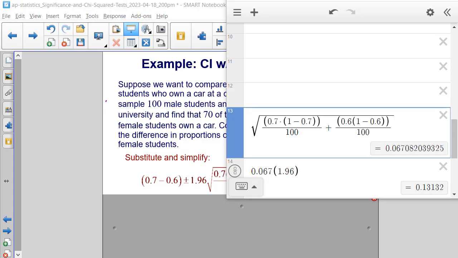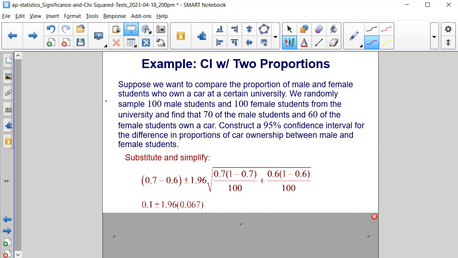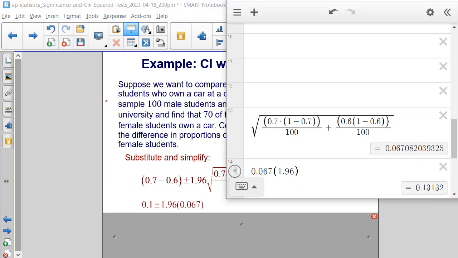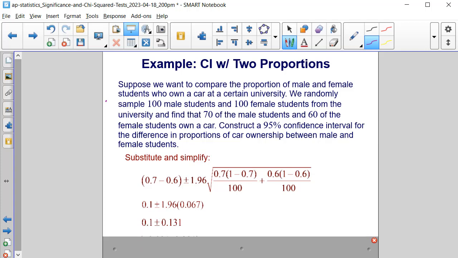And then if we substitute those into a calculator, we get about 67 thousandths for the square root, and then when we multiply that by 1.96, we end up getting about 131 thousandths. And then if we add 131 thousandths to 1/10, we get 231 thousandths, and if we subtract 131 thousandths from 1/10, we end up getting negative 31 thousandths.